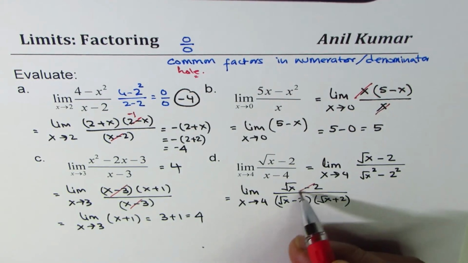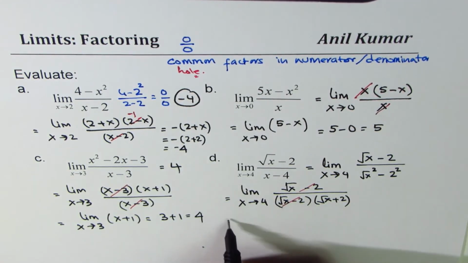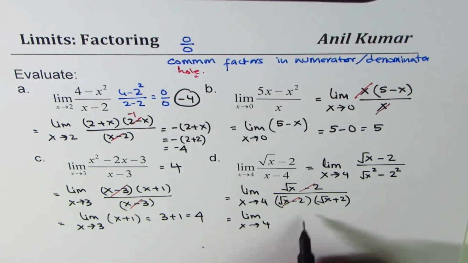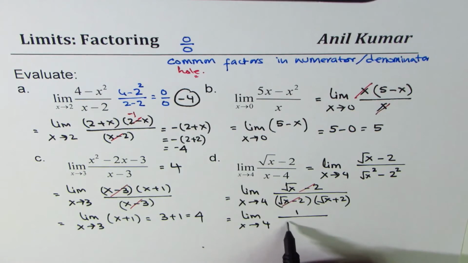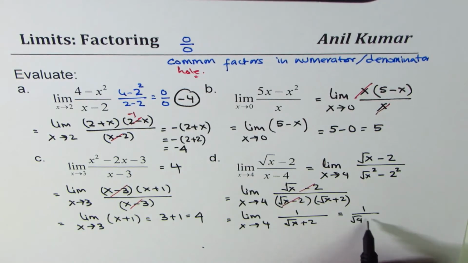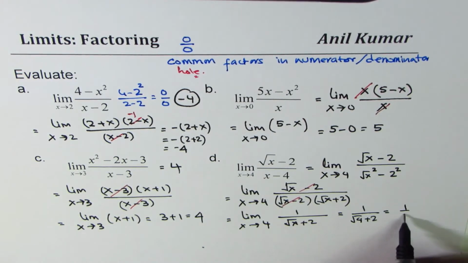And now you can cancel. Once you do that, you get limit x approaches 4, and you get 1 over square root of x plus 2, correct? Substituting 4 here, 1 over square root of 4 plus 2, which is 1 over 2 plus 2, so 1 over 4. So this is the way you can find limit of many functions using factoring.